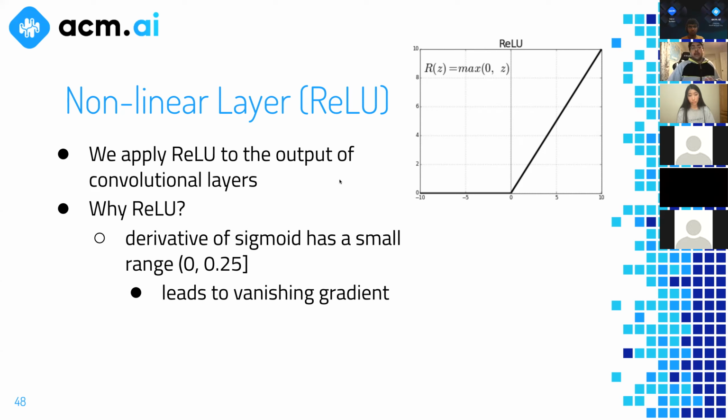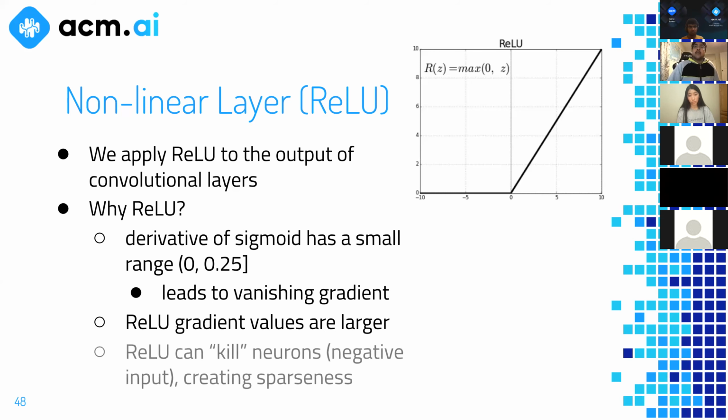So we would want ReLU to fix it, because ReLU gradient values are larger in general, and it can also kill neurons, which can add to this vanishing gradient problem. So that's one way that ReLU can help.